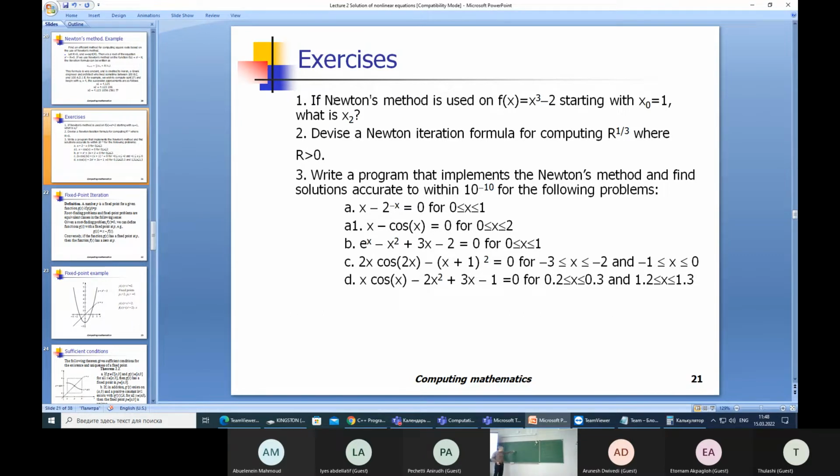Well, first you need to find a derivative. 3x squared, right? The derivative is 3x squared. After that, you should substitute here the function and derivative: x(n+1) equals xn minus (xn cubed minus 2) over 3xn squared.